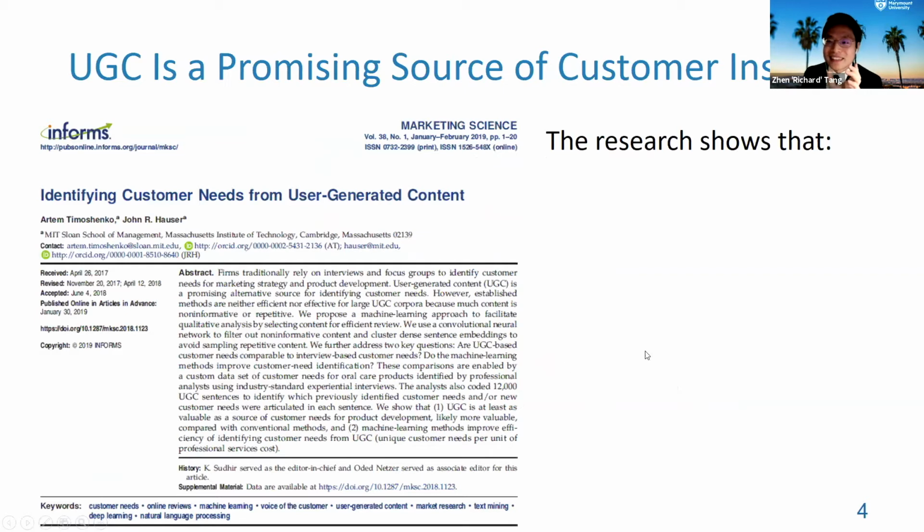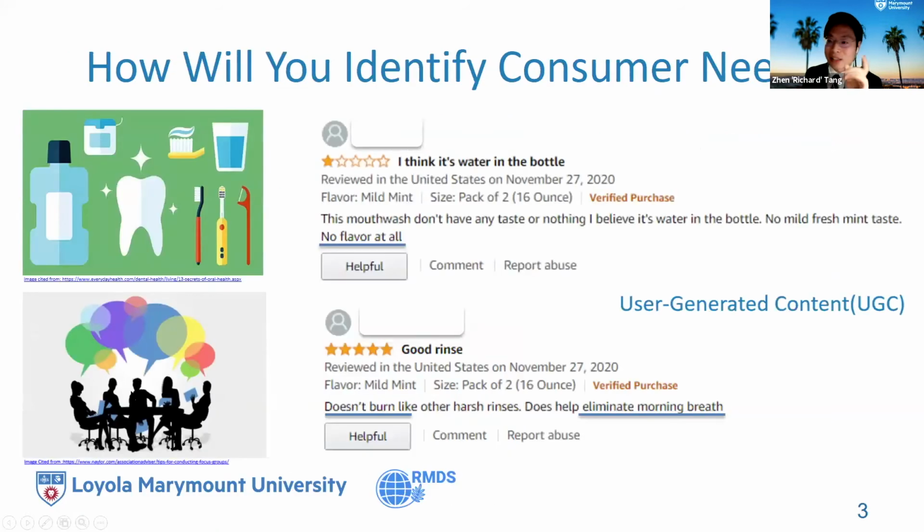And then they used natural language processing and machine learning to elicit unique customer needs and compared them with the needs generated from professional companies that conducted qualitative research like focus groups.